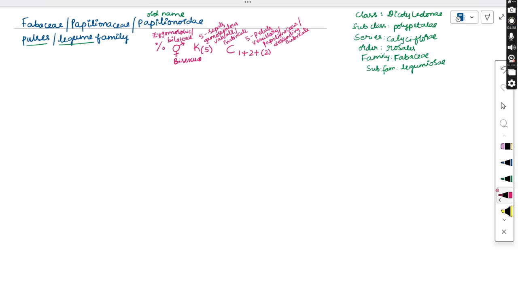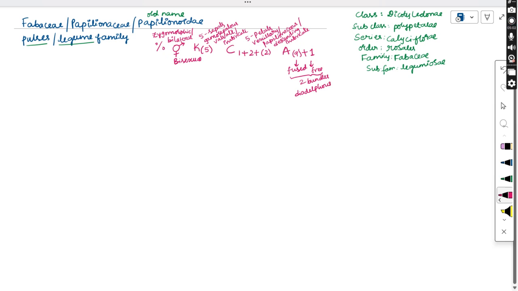And the androecium is again special in this. It shows the diadelphous condition. A total of 10 stamens are there. 9 stamens are in fused condition forming one bundle, and another one is free, forming another bundle. So 9 stamens are fused and one is free, forming two bundles. If two bundles are formed, we call that condition of the androecium diadelphous.